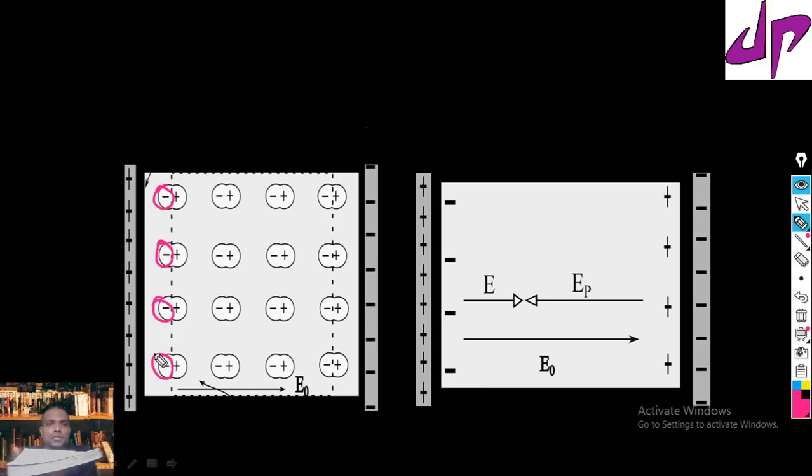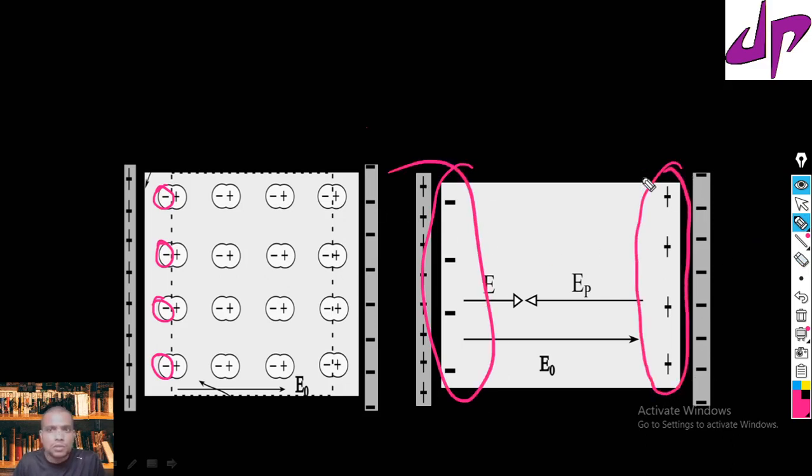Since it's three dimensions, this side will be one type of charge. In this diagram it is shown as negative charge, and this side accumulates positive charge. That is not within the dotted circle. That is the diagram here I highlighted: this is the positive charge and this is the negative charge.